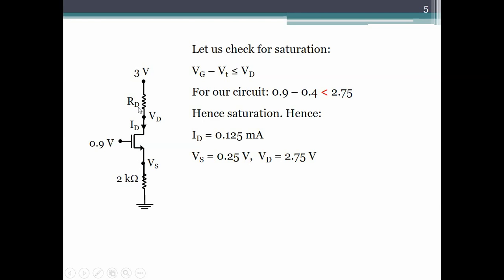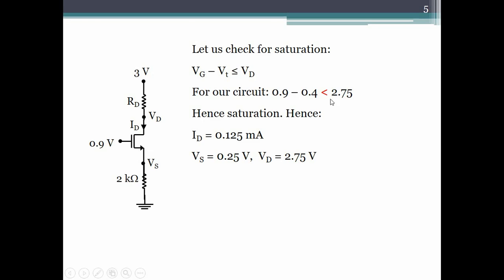So RD here is 2 kilo ohms. The drain voltage is 2.75 volts. So now let us say we keep increasing RD. As RD increases, the drop across RD increases. So VD decreases, and keeps decreasing until the point where the transistor goes out of saturation.